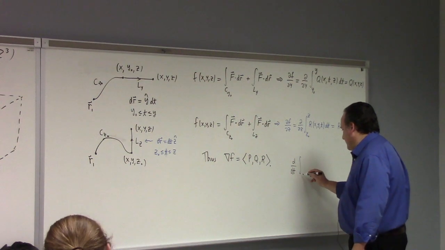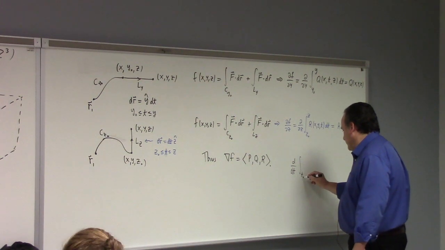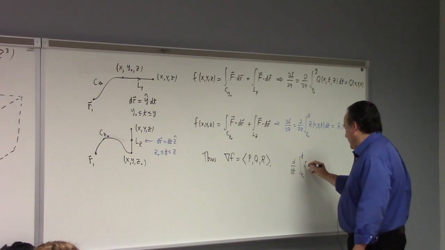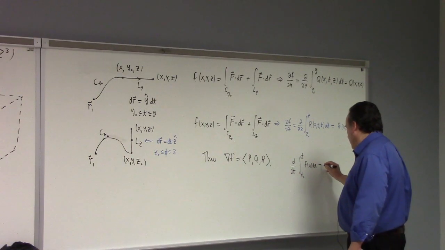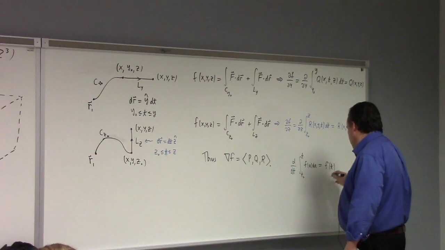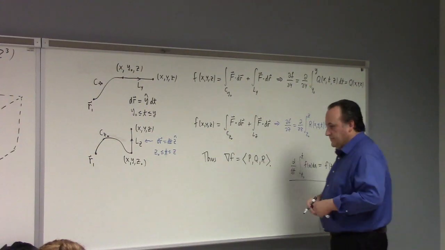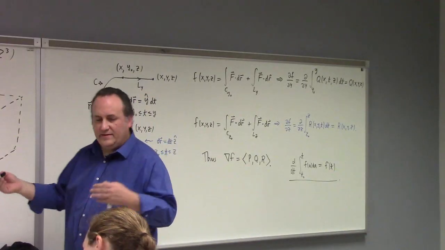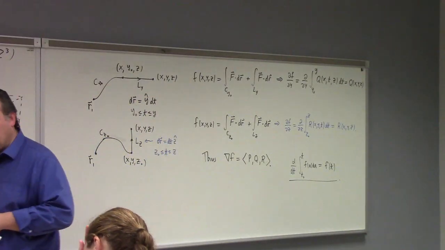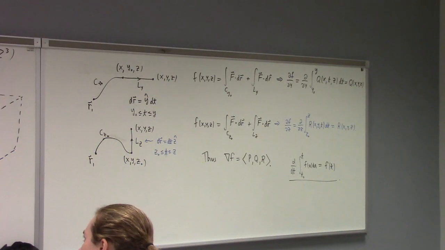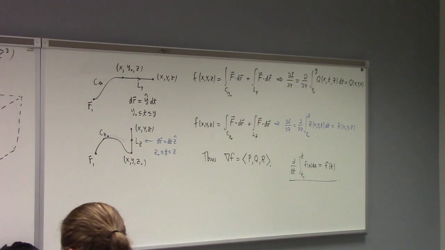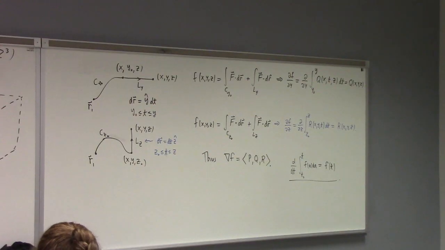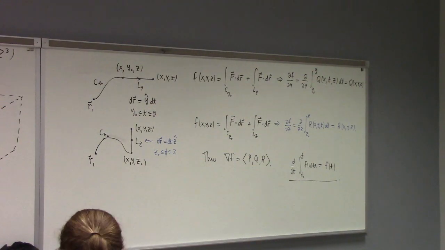If we write it in terms of t, the integral from t naught to t of f of u du is simply equal to f of t. This is FTC1 back in Calc 1. I'm using u instead of t, but you see there's no u in the answer. There's only a t in the answer because t plays the role of the fixed but arbitrary variable bound which we're differentiating with respect to.